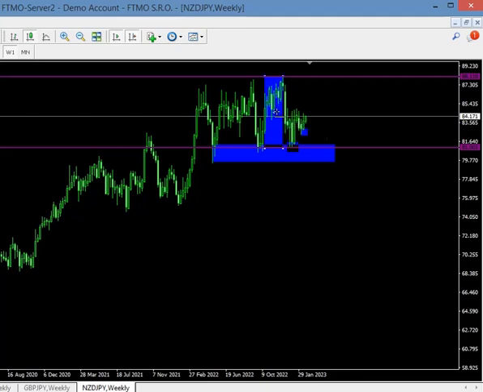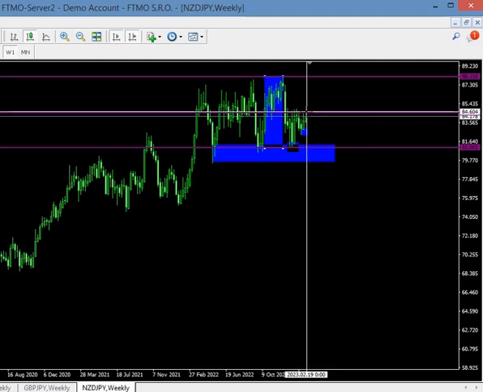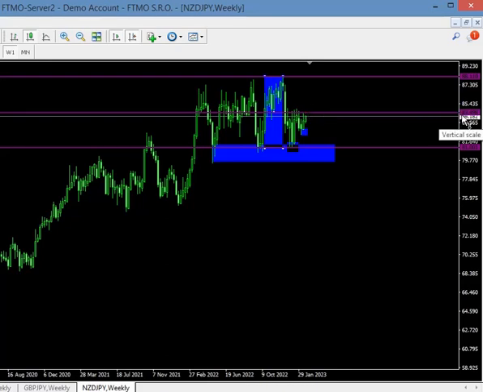Our half has not yet been breached, so clearly we are waiting for the market to breach this half and make a retest. Probably breach this half, then make a retest at the 84,500 level, and then we'll enter. So clearly that's what we should be looking for.